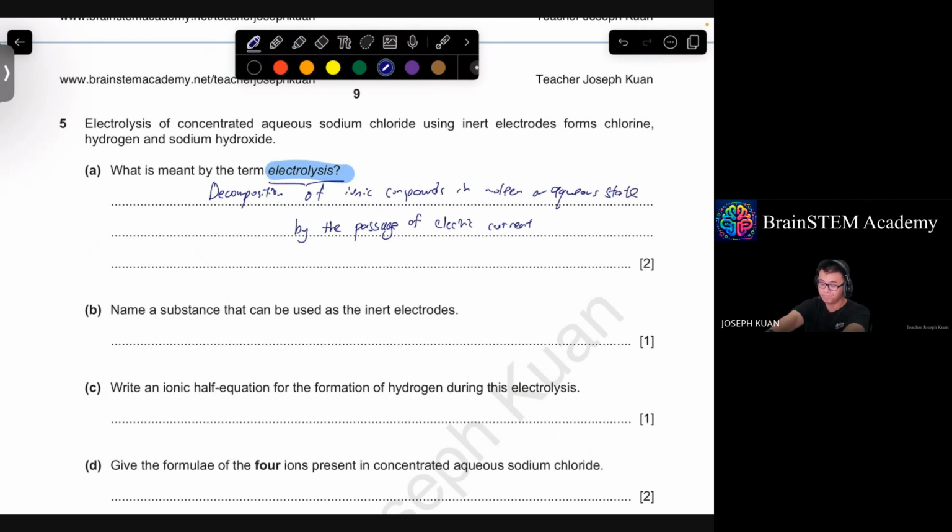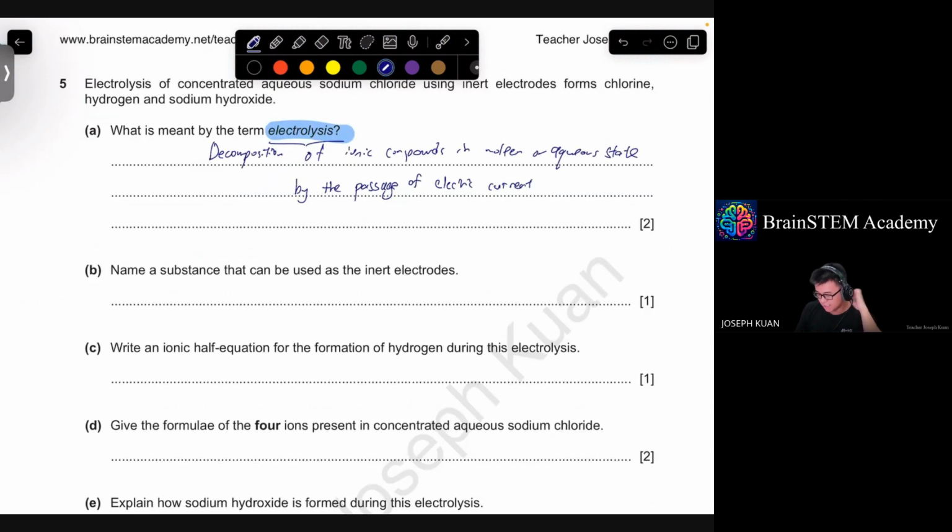Now, next question. Name a substance that can be used as inert electrodes. They will either be platinum or graphite. Next, write an ionic half equation for the formation of hydrogen during this electrolysis.